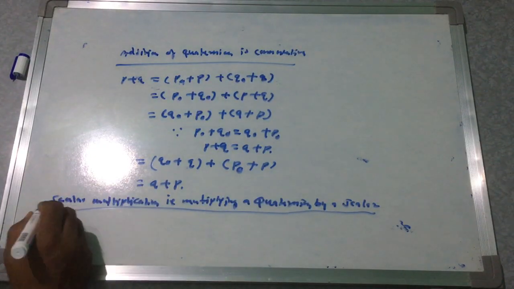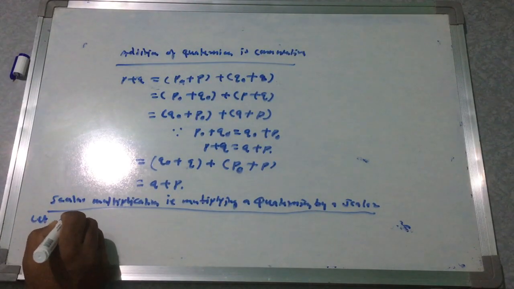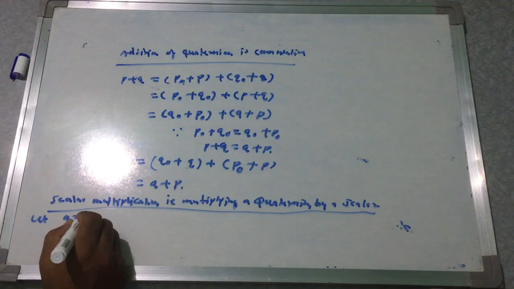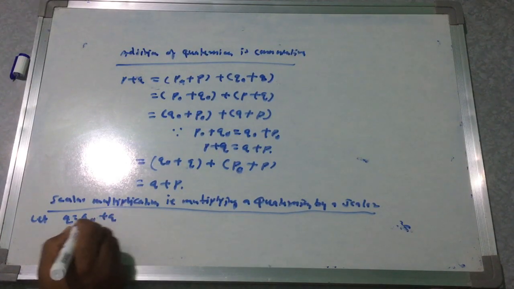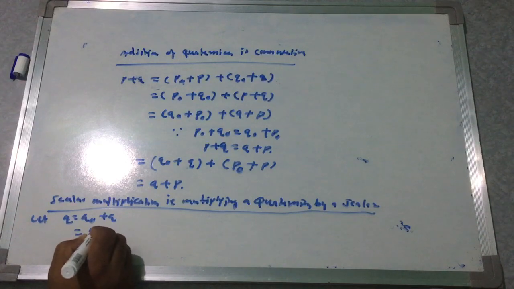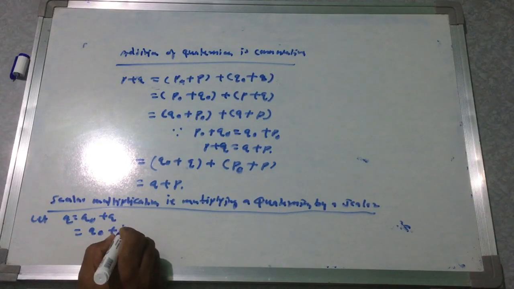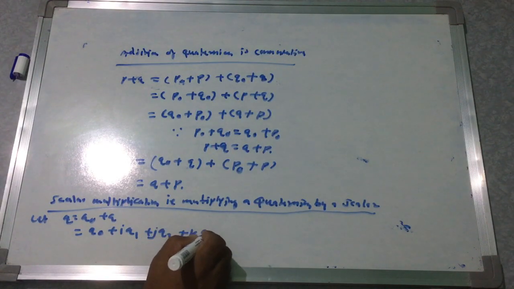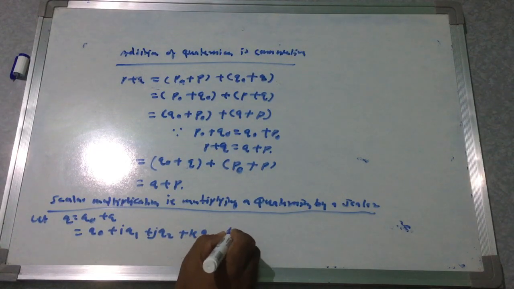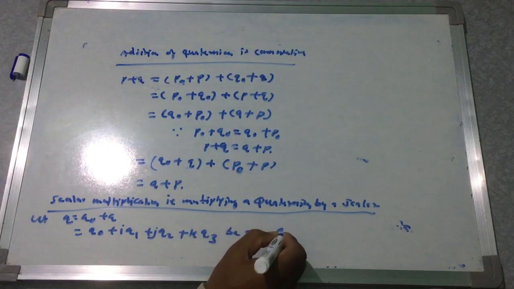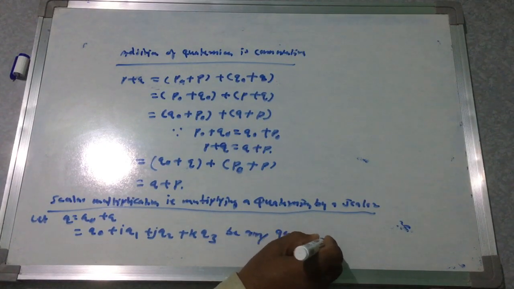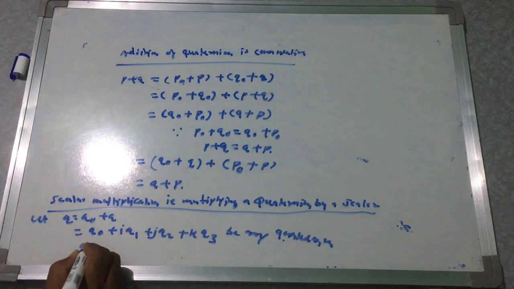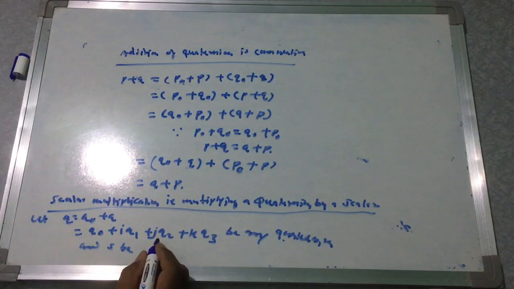So we have to see, let Q is equal to Q0 plus Q, that is equal to Q0 plus IQ1 plus JQ2 plus KQ3, be any quaternion, and S be any scalar.